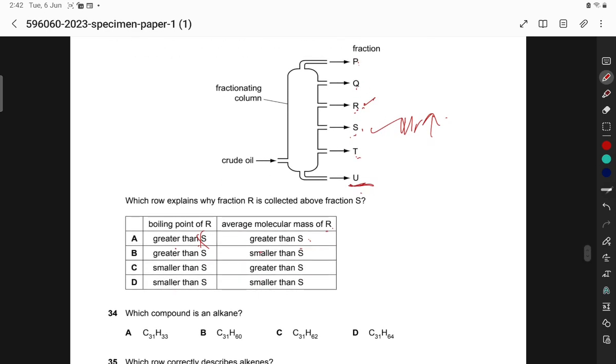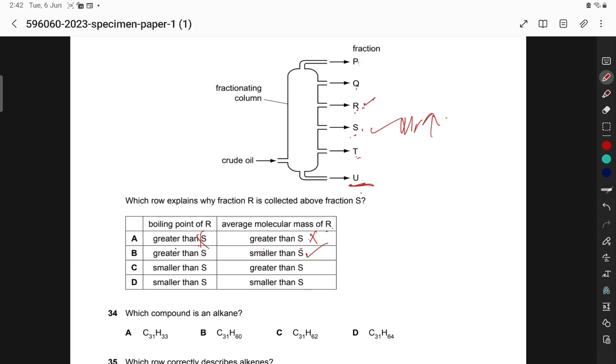R has average molecular mass smaller than S. Is T greater than S? Yes.